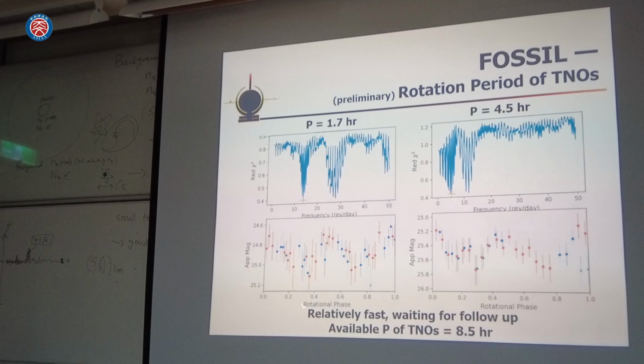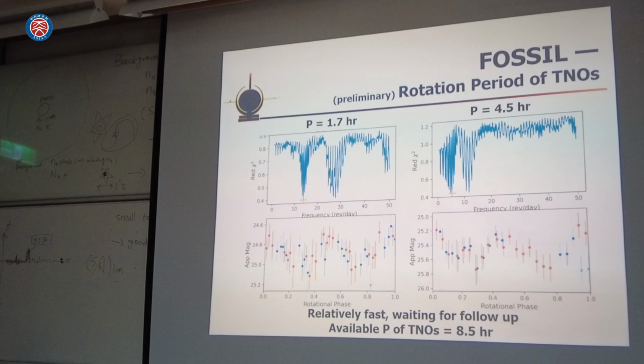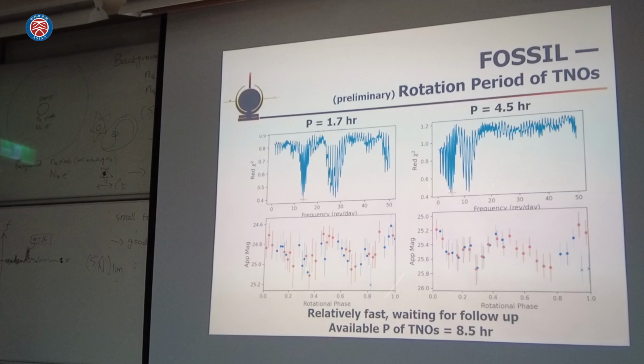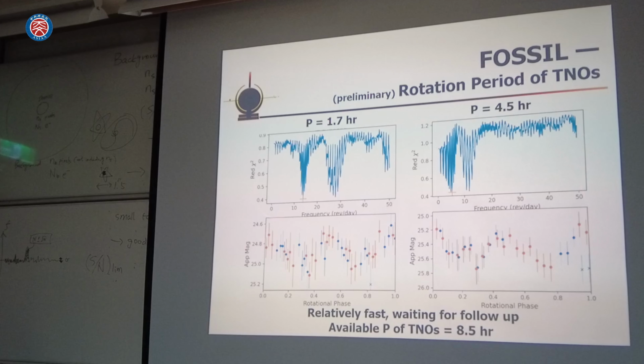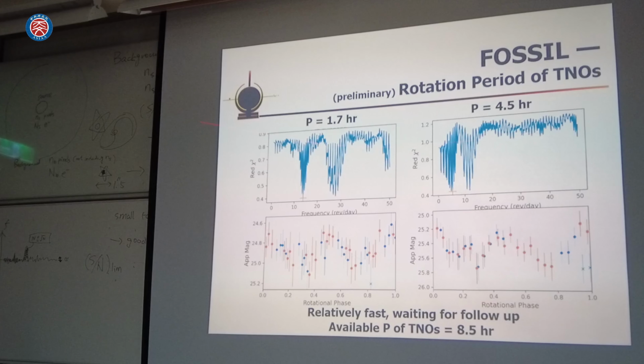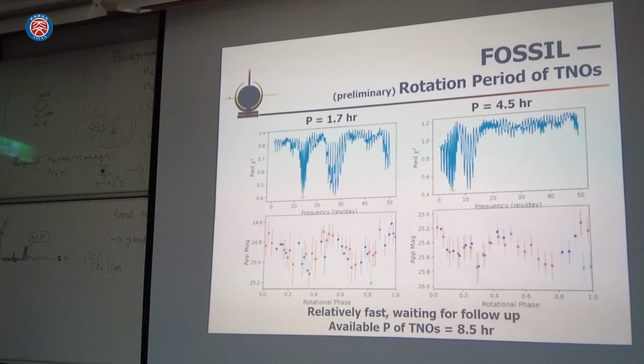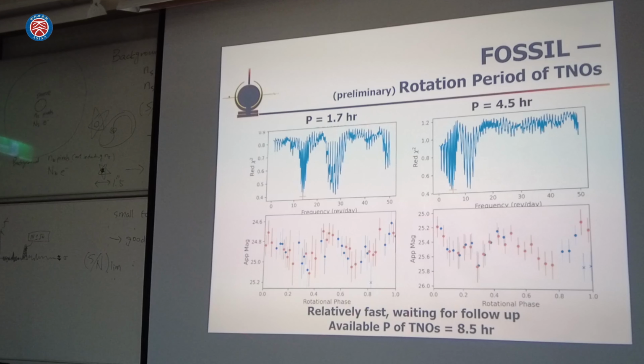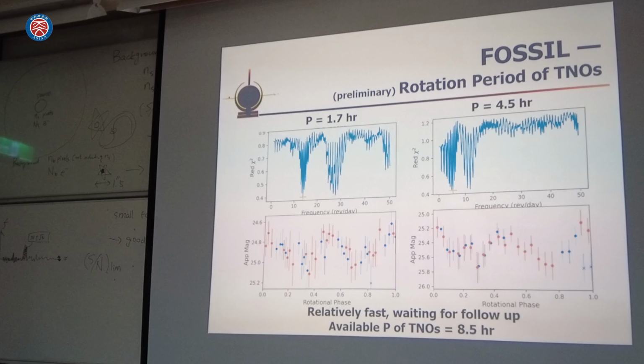So we are proposing for CFHT DD time to do the follow-up to confirm these 2 rotation periods. If the period is true, then we might start to think about why this TNO, which has a size around 100 kilometers, we start to wonder how a big asteroid can rotate so fast.